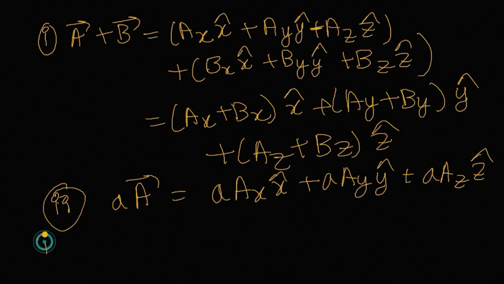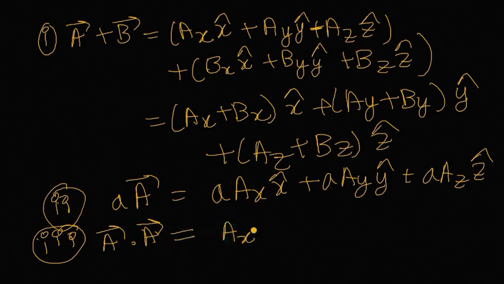Again, if we take dot product of two vectors, then the components get multiplied and then get added.